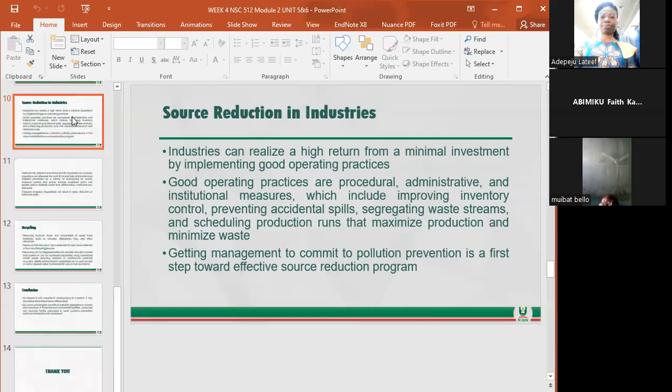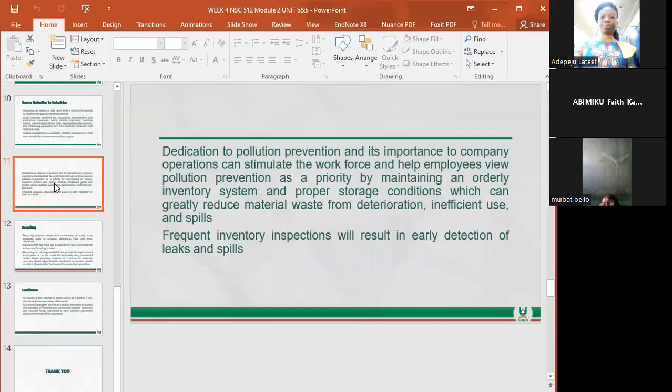Because if they do that, it's going to help in the reduction, and not only see their need to contribute to prevention of pollution, they must also be dedicated to pollution prevention.